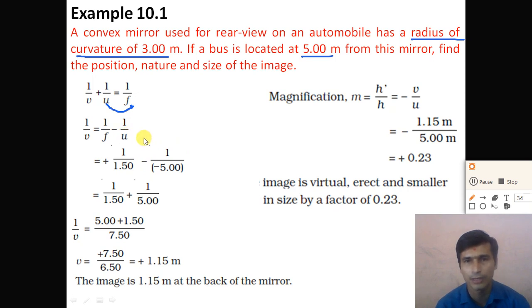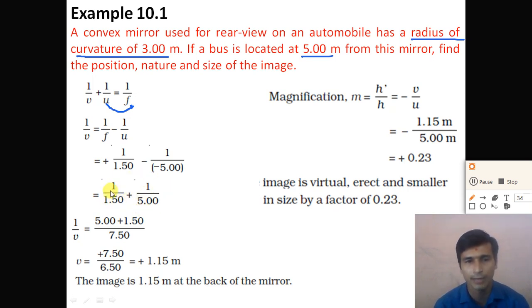The value of u is given as 5 meter, but the object distance is always taken minus. So we place the value of u as 1 by minus 5. Here minus minus, we take a plus. So we get 1 by 1.5 plus 1 by 5.